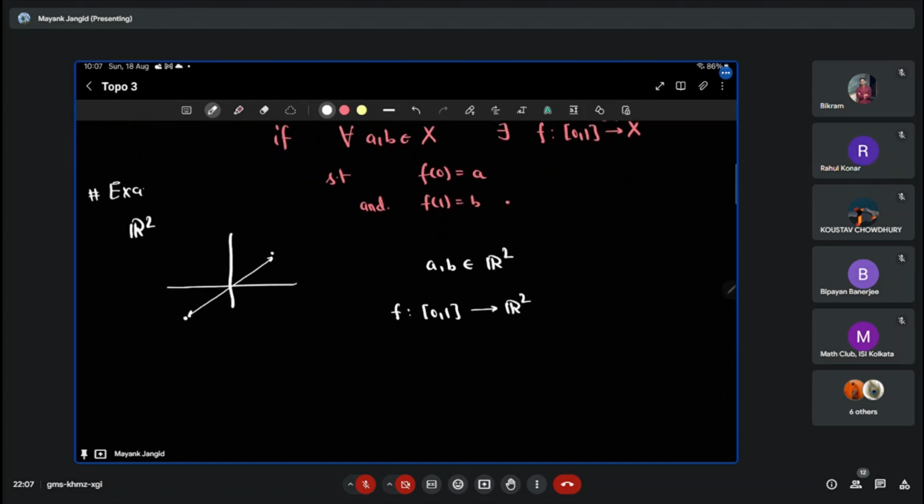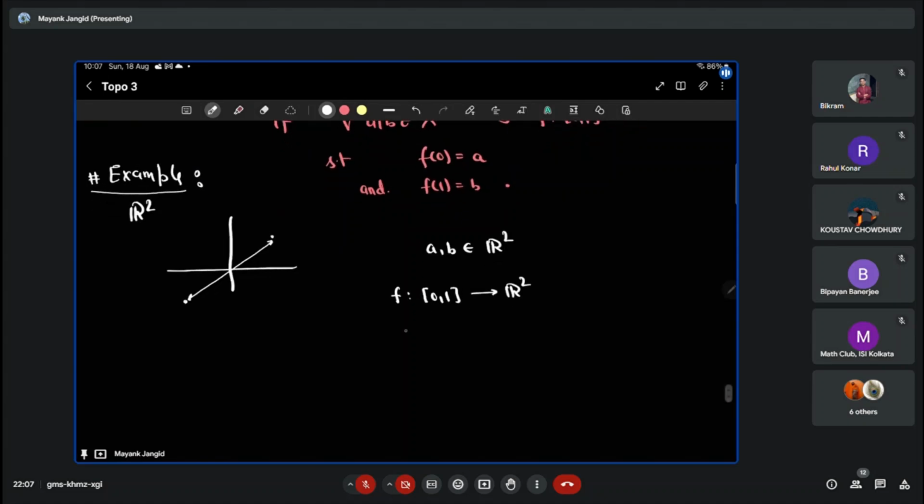For example, f of t is equal to a plus (b minus a) t.